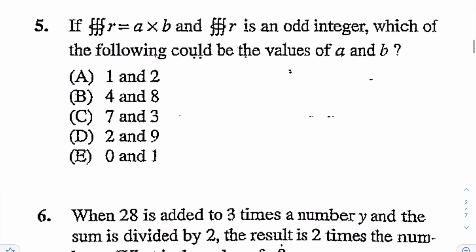All right, next for question number 5, if symbol R is equal to A times B and symbol R is an odd integer, which of the following could be the values of A times B? Here you have this weird symbol, which is a function, and a function is an input-output machine.